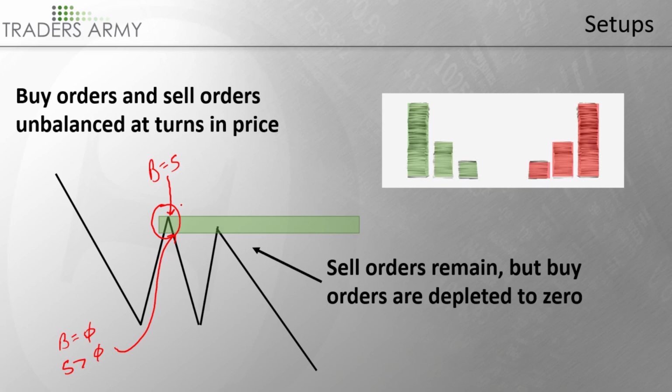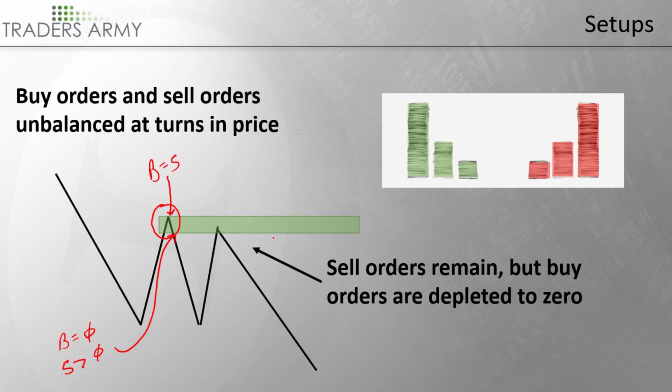Now, this is going to be the origin. We call this the origin of the move. We're not really going to predict the origin of the move very often. But what the origin of the move does is it leaves clues, right? And the clues that it leaves behind are what happened as price moved away from that area.